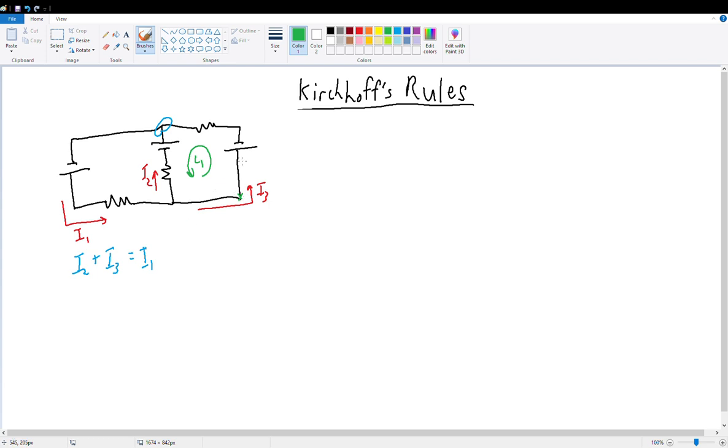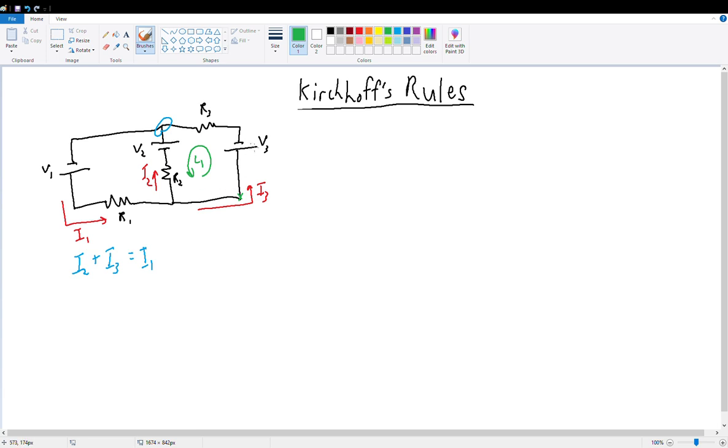My loop goes up through this power supply. As I go up, I'm going from the positive end to the negative end. Well, if I'm going positive to negative, I must be going downhill. Of course, I'm realizing we didn't give any of these any names, so we'll call these V1, V2, and V3, and R1, R2, and R3.